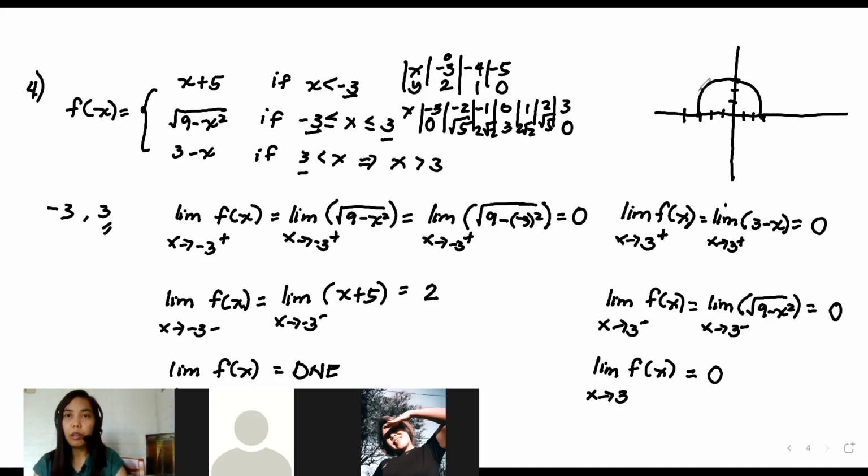This is open. It should not touch the graph here. Anyway, it's like that. Negative 3, 2, because negative 3, 2 is not part of this. Since if x is negative 3, y is 0. So, negative 3, 2, negative 4, 1.